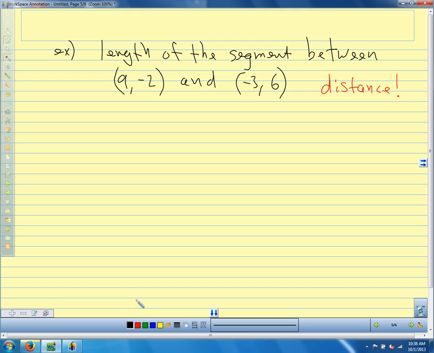So we'll plug into our distance formula. Let's label our points x1, y1, x2, y2. Keep the 1s and the 2s together. Square root of x1 minus x2, 9 minus negative 3, squared, plus y1 minus y2, negative 2 minus 6, squared.